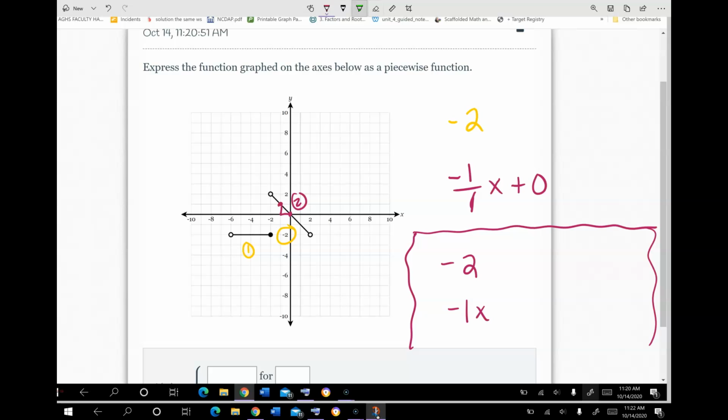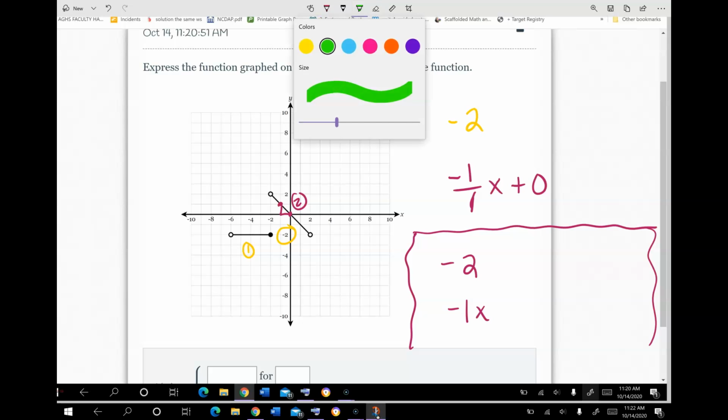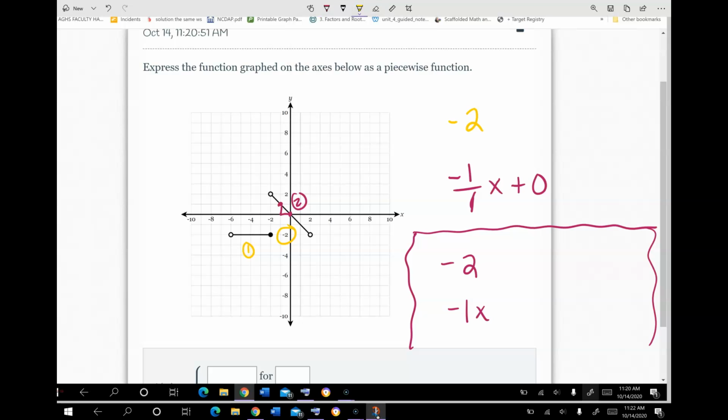Now let's write our rules. So we're going to highlight the first one. The first one is between -6 and -2. My x's are between -6 and -2. Remember, we use less than, less than. Open dot stays the same. A closed dot gets a bar.